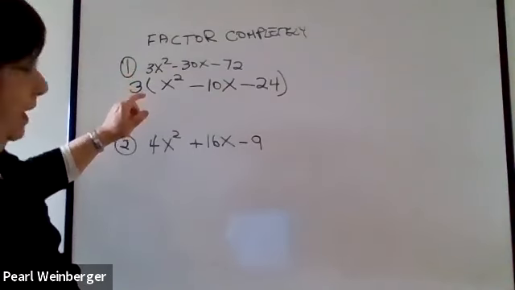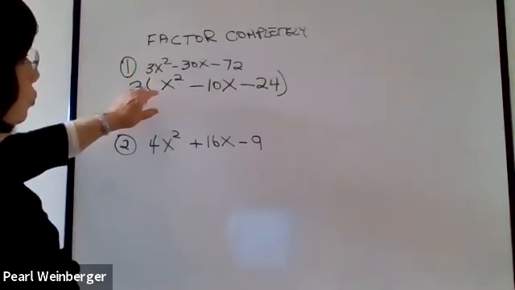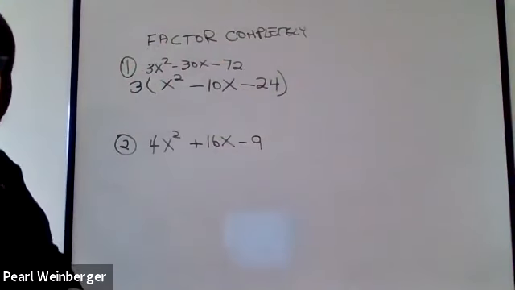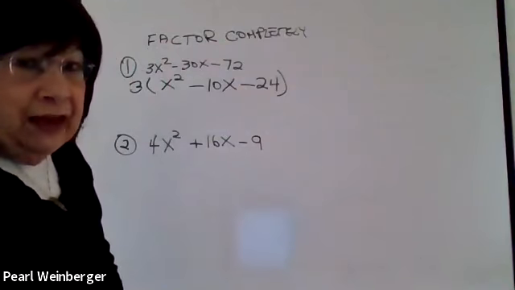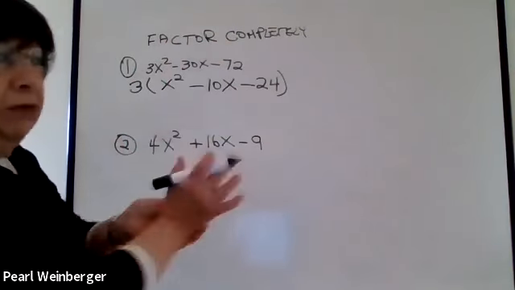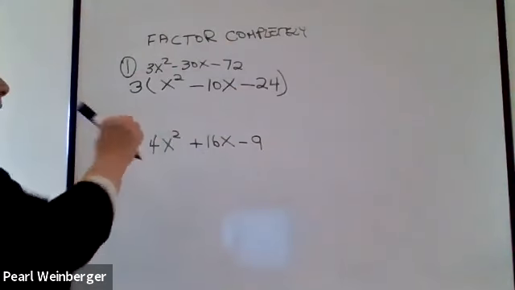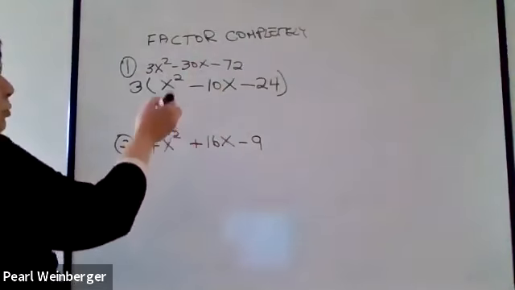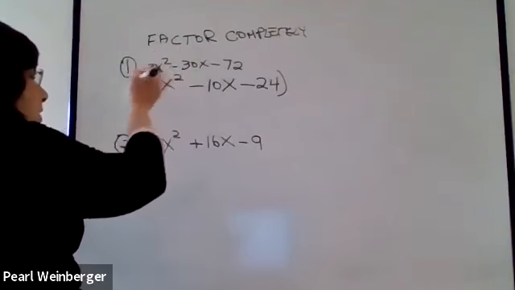Once you've done that, the next thing you want to do is look at what's left inside your parentheses to see if you can factor further. Factoring completely means to go as far as you possibly can. Since it's a trinomial, we're going to use our AC method.